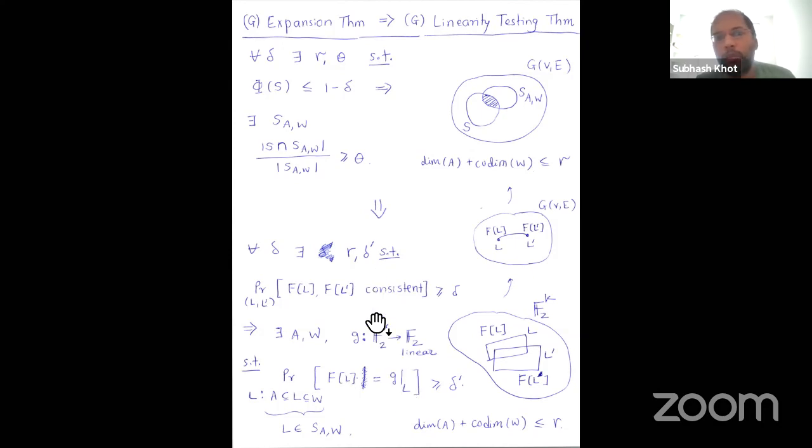And now we will quickly prove that the top implies the bottom. Of course, you would go in the reverse direction. You would say, let's look at this table F. From this, you look at the Grassmann graph, and somehow in the Grassmann graph, find a set whose expansion is bounded away from 1.